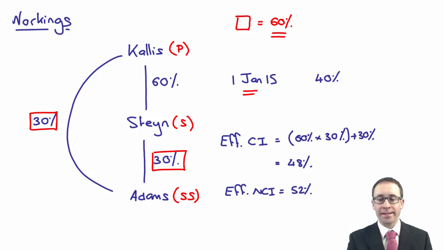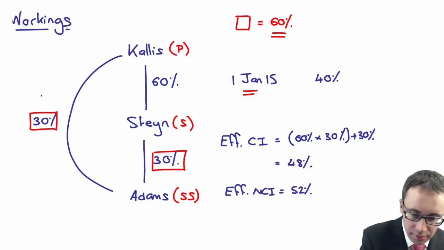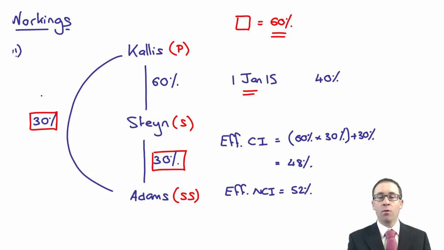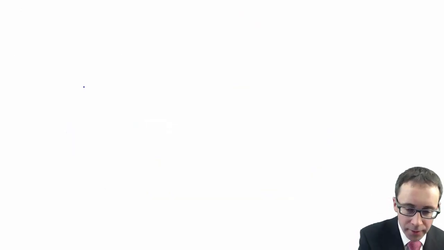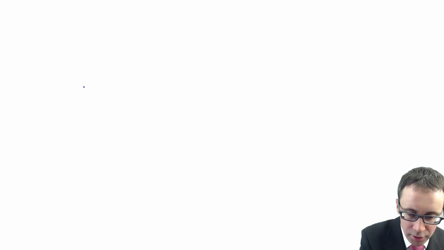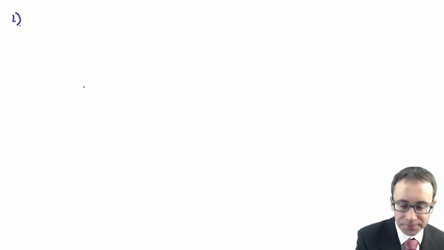Okay, so I think when you've got a complex group structure, it really does help just to take a little bit of time at the start to work out what's going on. Okay, you don't get any marks for it. There's nothing exciting happening, but it puts your mind at rest. Then what we've got is we're going to go through there and look at working number 2, aren't we? Your net assets.